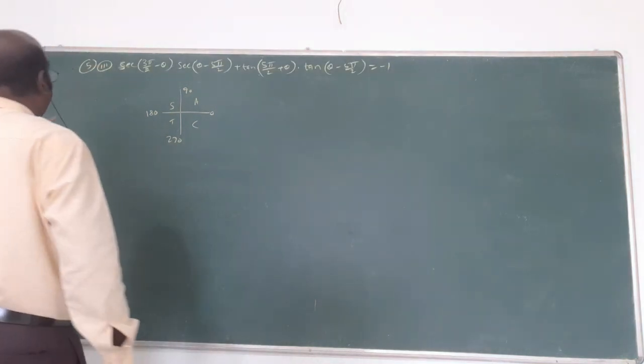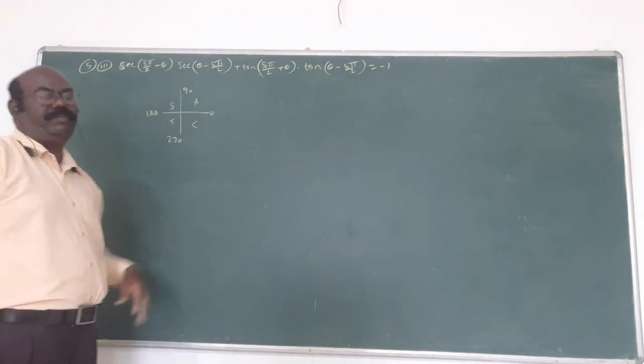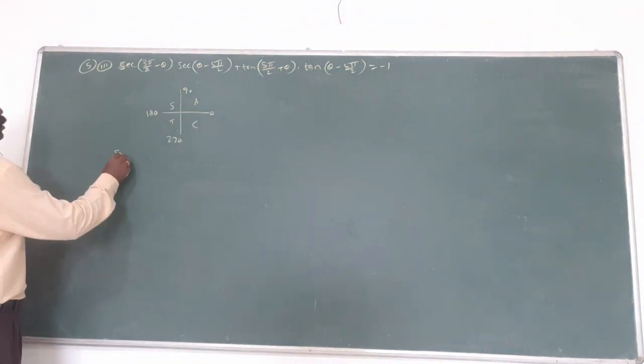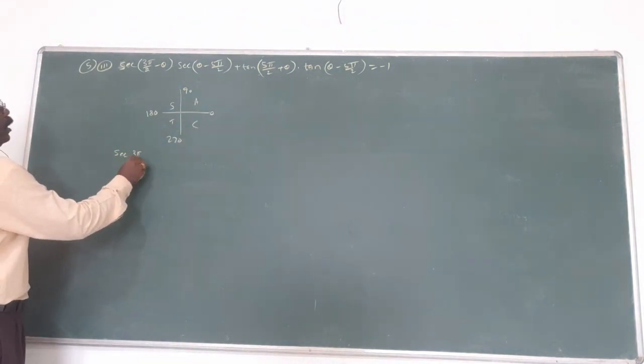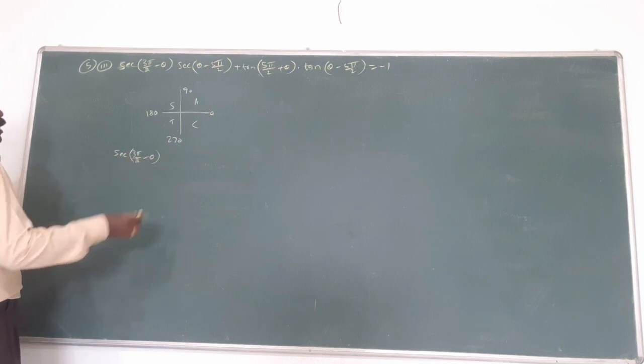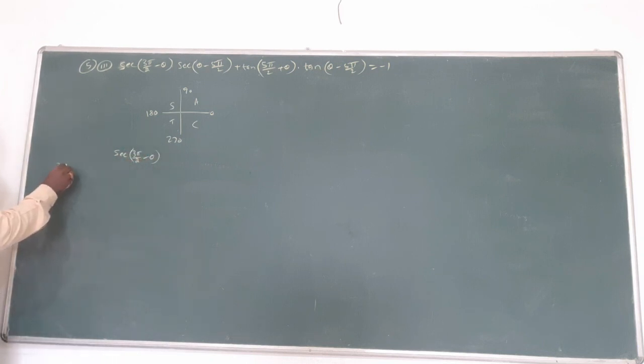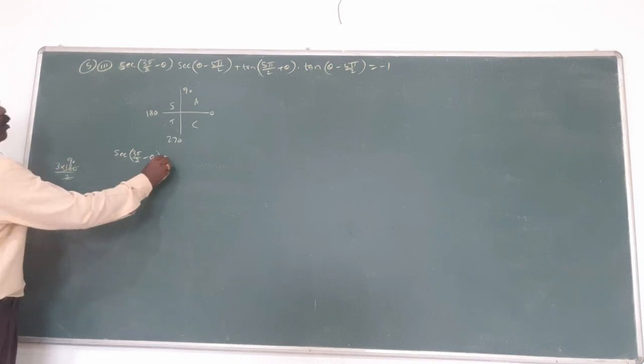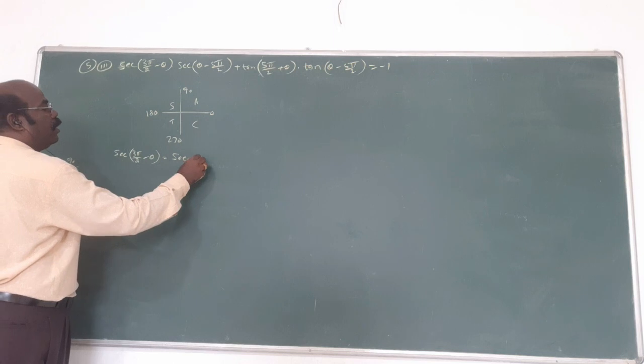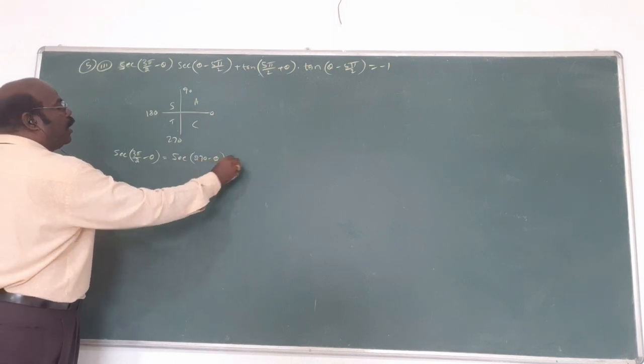Listen here. The third solution is equal to minus 1. Now start with this one: secant of 3 pi by 2 minus theta. In degrees, 3 into 180 by 2 is 270. So secant of 270 minus theta.